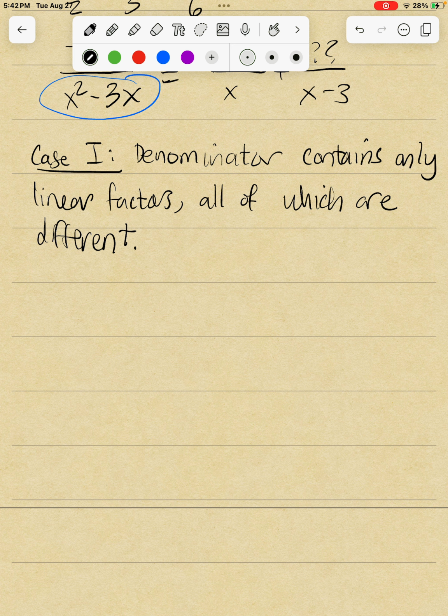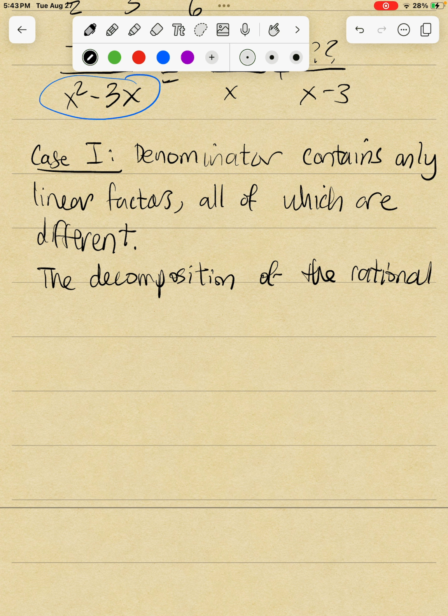So in this case, the decomposition of the rational expression, right? Again, the rational expression just means a polynomial divided by a polynomial.